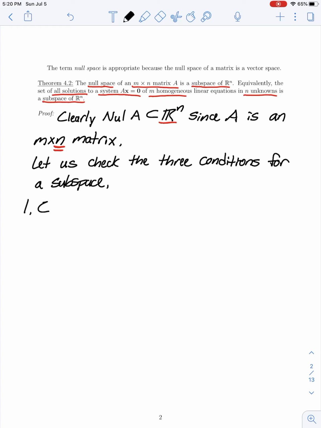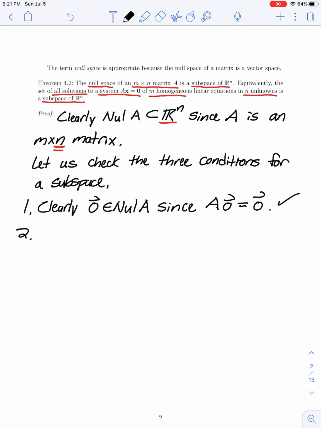Clearly the 0 vector in Rn would be an element of the null space of A, since if I take any matrix A and multiply by the 0 vector, I get back the 0 vector. And that's what it means for a vector to be an element of the null space. It maps onto the 0 vector.